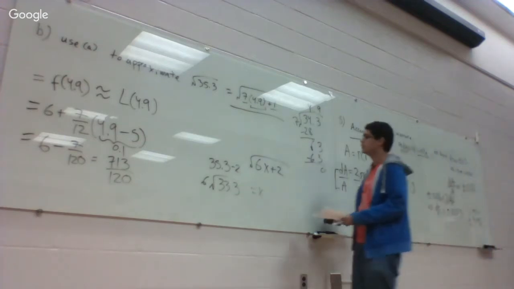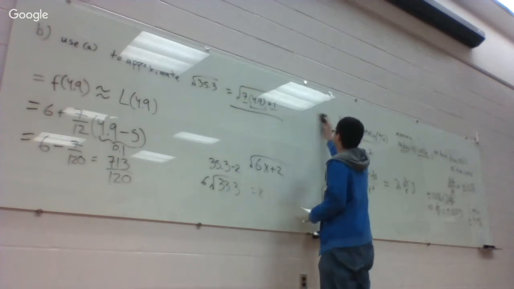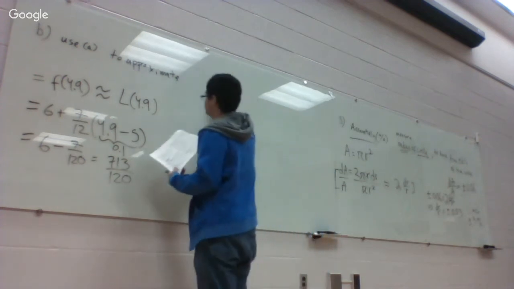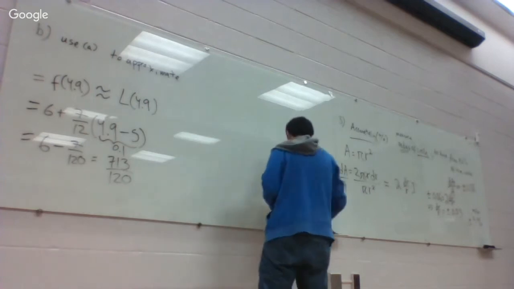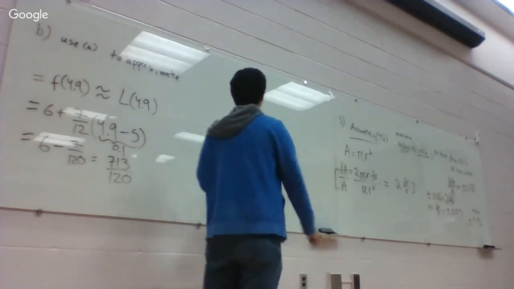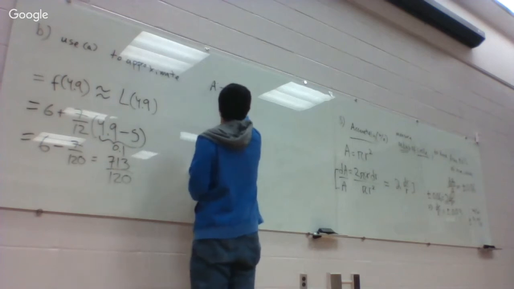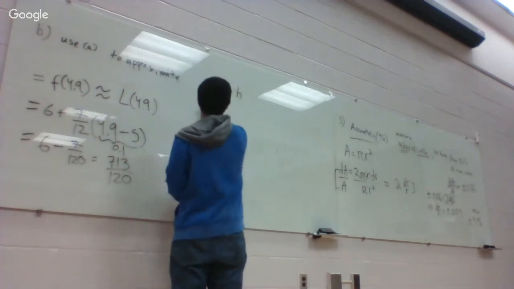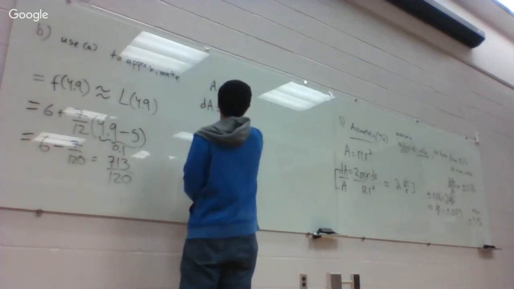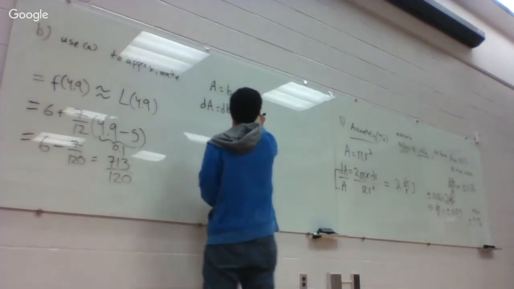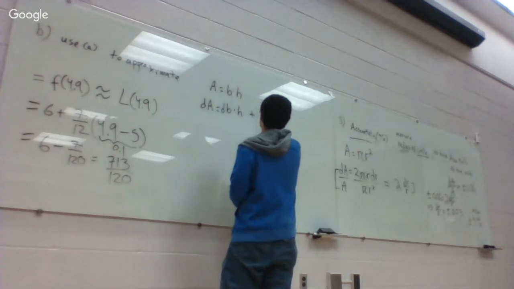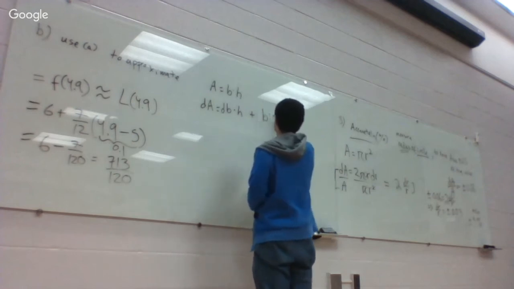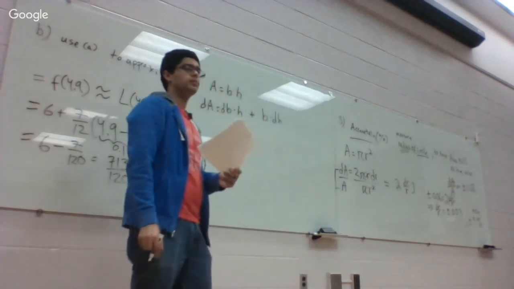Let me see if I can think of something. So if I had the formula of, let's do a rectangle, area equals base times height, okay? dA of this is equal to dB times h plus b times dh, okay?